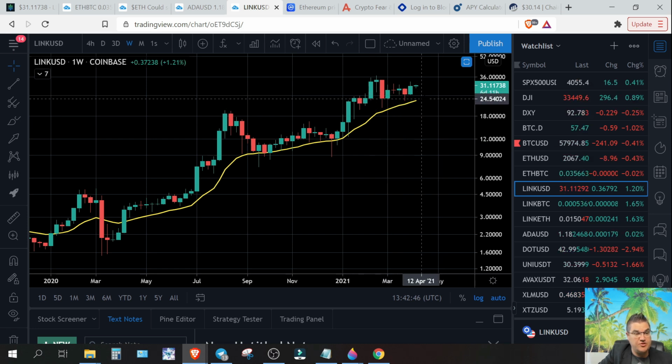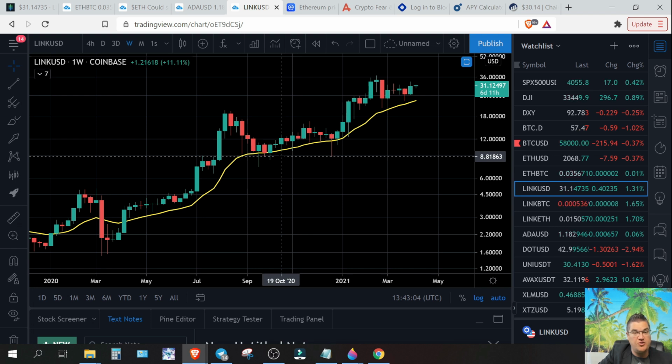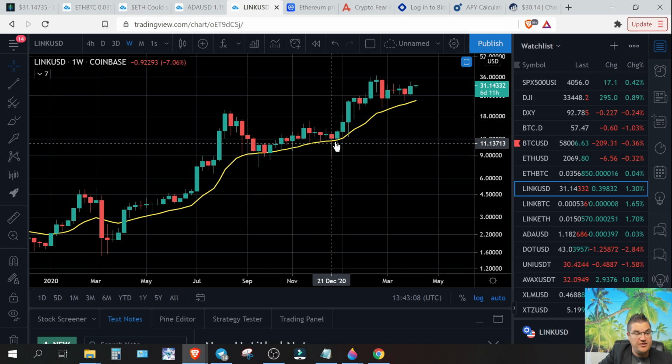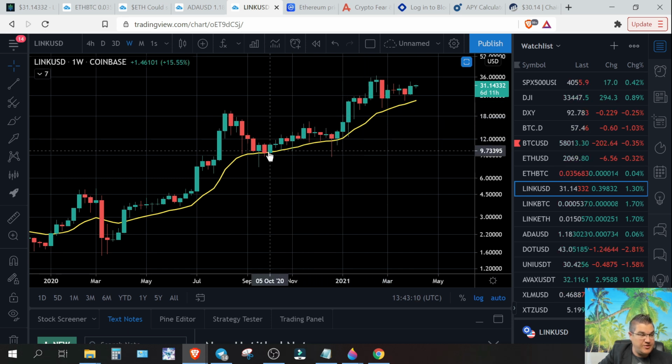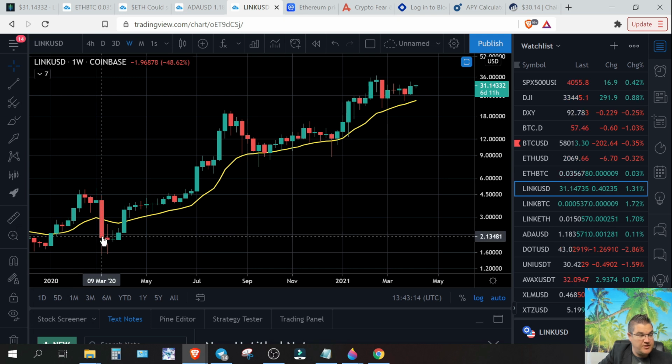You can notice we're running into our line here. If we start moving up again, your 21-week EMA line, the yellow line here, is what you want to hold in any coin that you're looking at. 21-week EMA. That is key. You can see we haven't broken it with any candles since our major drop last March, over a year ago.